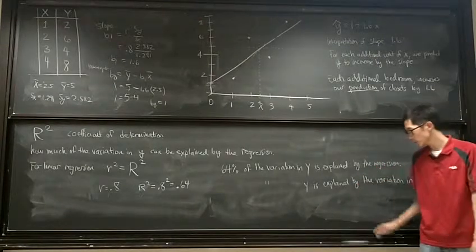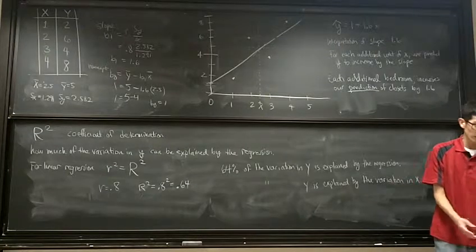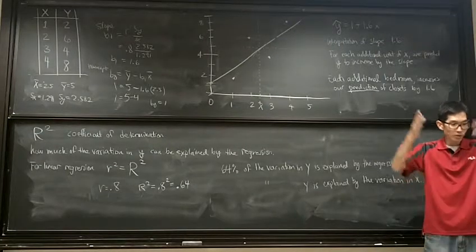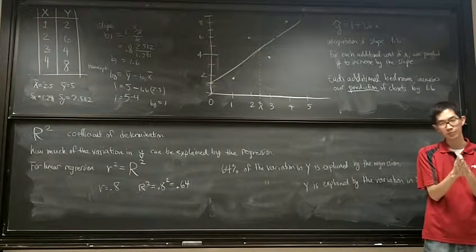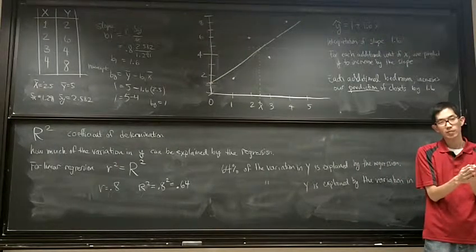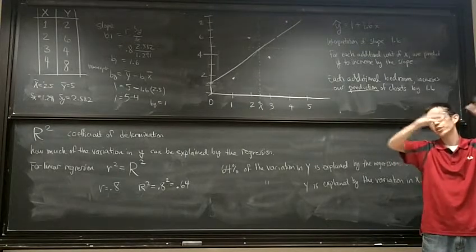And so what that means is that if we don't know anything about something or someone, or for this one particular variable, there's just variation, right?